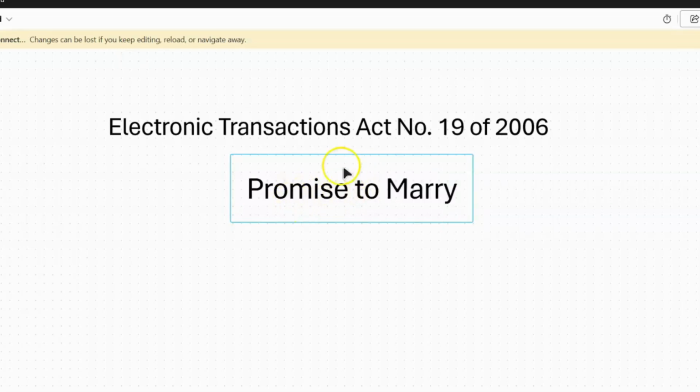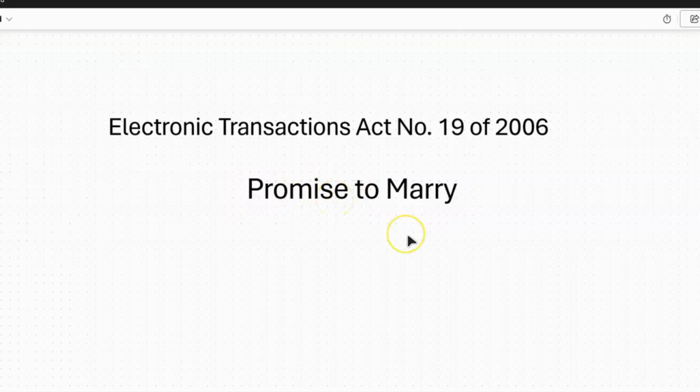The next topic is promise to marry. According to the Marriage Registration Ordinance number 19 of 1907, a promise of marriage must be in writing if someone wants to claim damages for a breach of that promise.